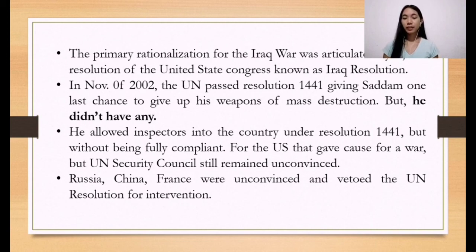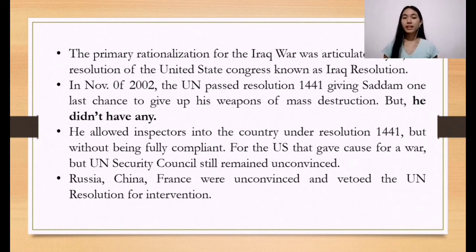He wants people to believe that he has hold of this weapon and he's developing it, as it gives the impression that he is a man of power. Remember that Saddam ruled through fear, and the idea that he had weapons of mass destruction was a major part of that. He allowed inspectors into the country under Resolution 1441, but without being fully compliant, meaning he's not being supportive and is not willing to cooperate with the inspectors.